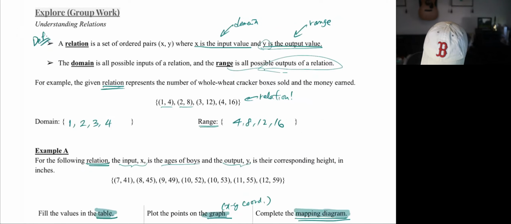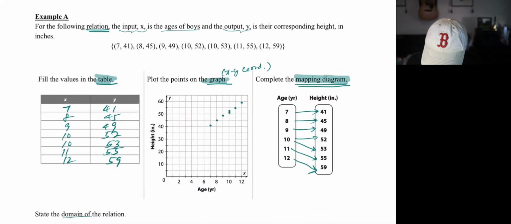This is what I did in period 4. In a table, you just list all the x values here and the corresponding y values here. The keyword is corresponding y value, because they are ordered pairs, right? 7 and 41 are linked together. They have to be together. And then in the mapping diagram, you just put an arrow. So this is a start.